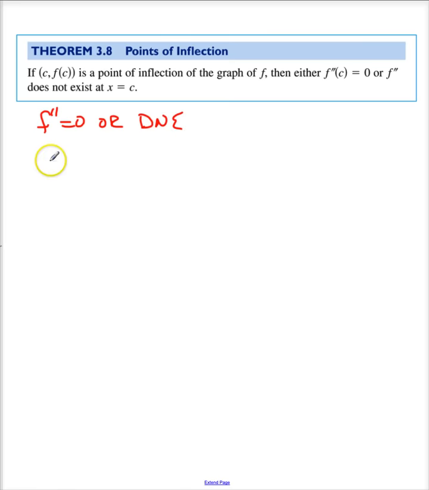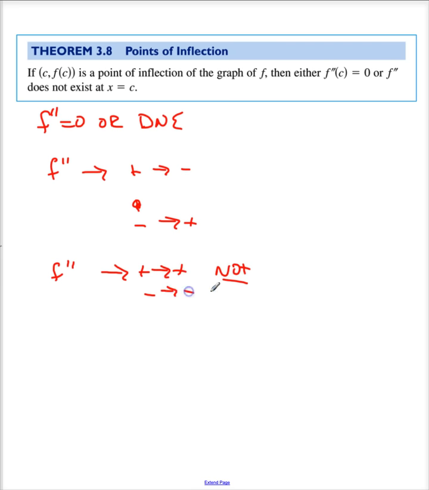And then you need to check to see if the second derivative goes from positive to negative or from negative to positive. If the second derivative at that point goes from positive to positive, it is not an inflection point. Just like if it goes from negative to negative, it's not an inflection point.